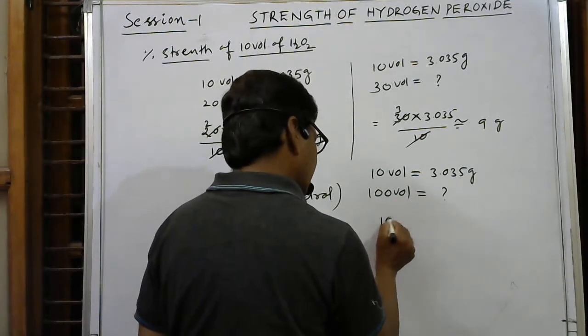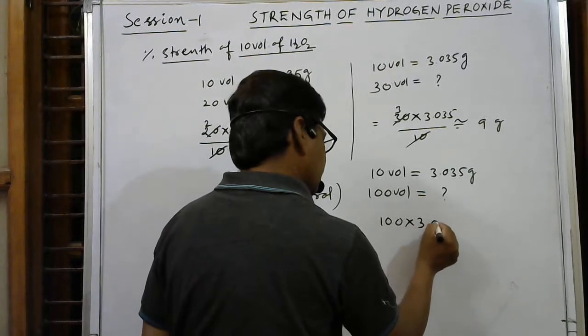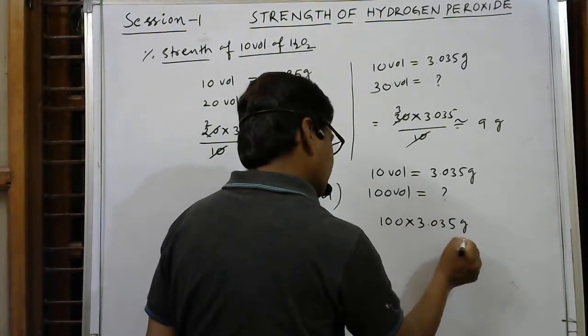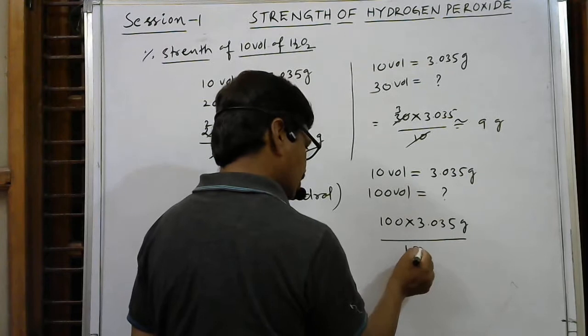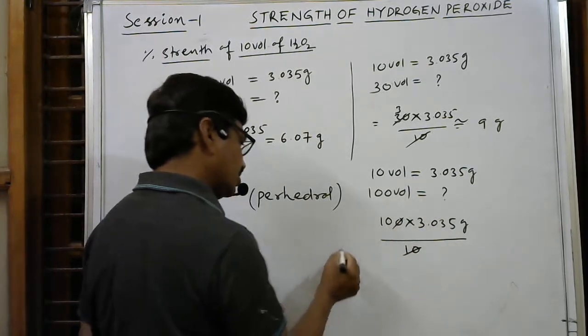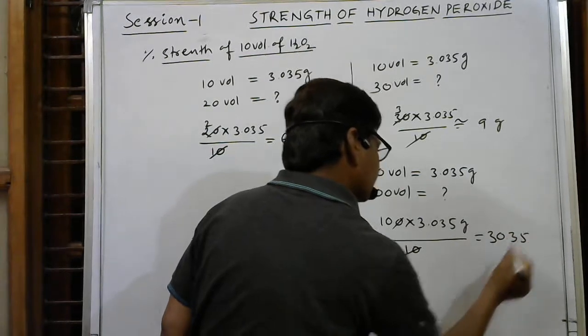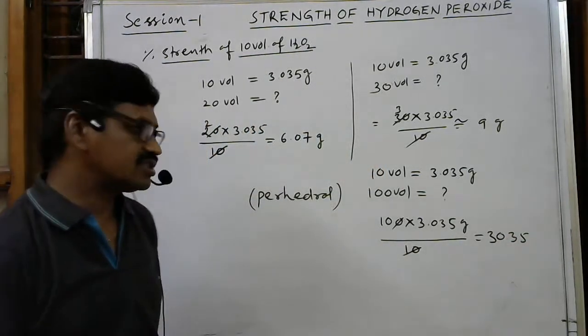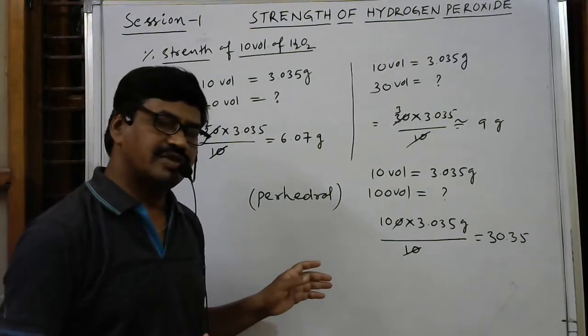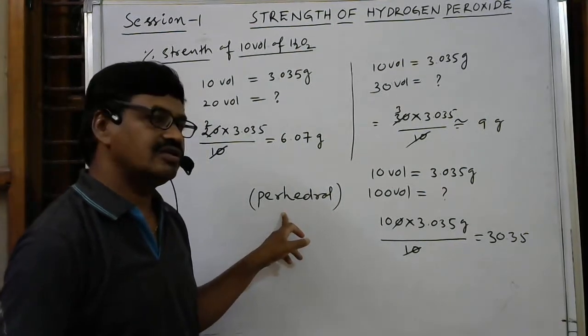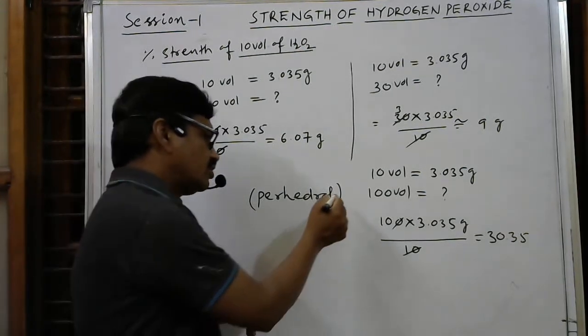So 100 into 3.035 grams by 10. So how much is it? Into 10 means it is 30.35 grams. So in percentage strength, approximately 30 percent strength is nothing but perhydrol. For perhydrol, we have two terms.